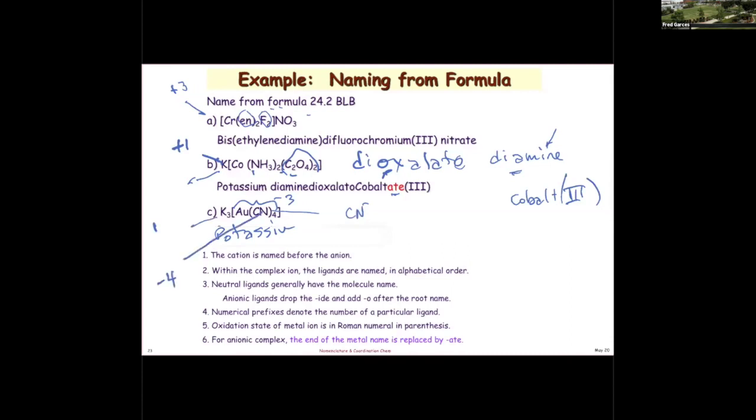That's a +3. The gold is going to be a +1, and gold is aurate. That's the Greek name for gold, aurium. So it'll be aurate. So let's take a look at that name real quick.